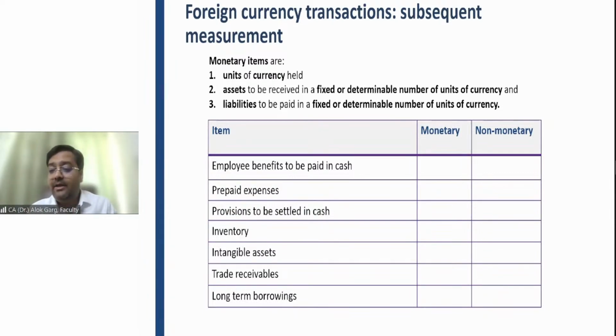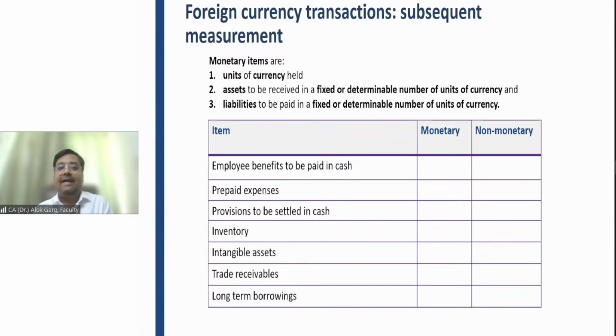Sir, what is meant by monetary item and non-monetary item? Non-monetary items are those items which are not monetary items. Sir, then what is a monetary item? Monetary items are those with a right to receive or obligation to pay.